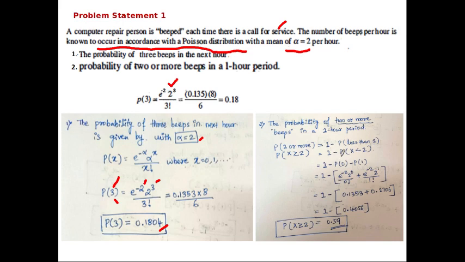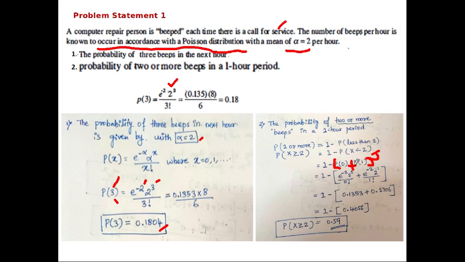That is 1 minus the probability of x less than 2, which is further computed as the probability of 0 plus the probability of 1.